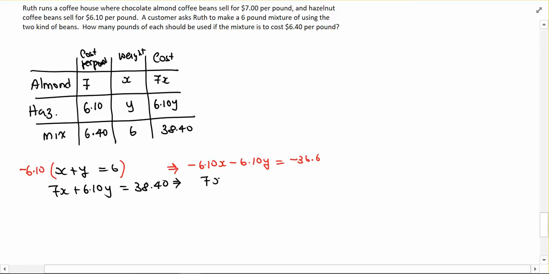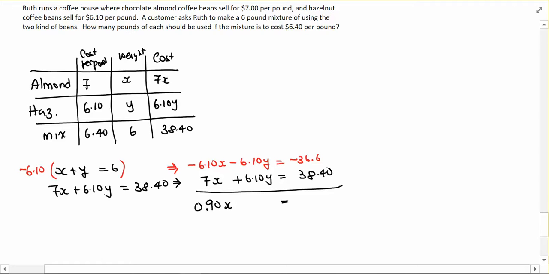So it's going to be 7x plus 6.10y equals 38.40. Now, if you were to add these together, so that's 0.9x, excuse me, 0.9x, and the y's cancel out. And over on the right side, we have 38.40 minus 36.6.